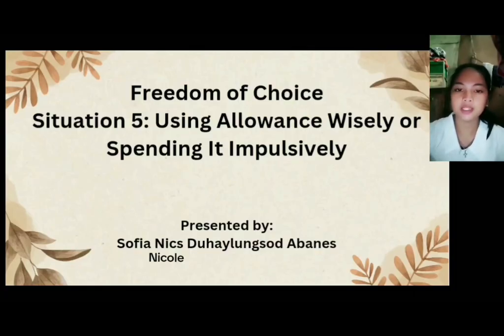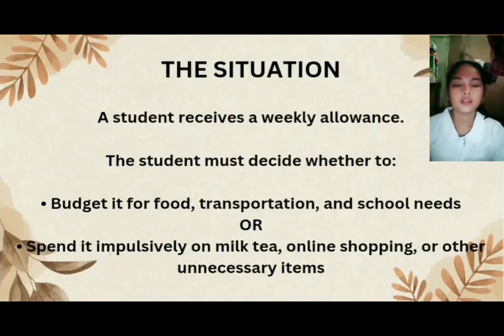Good day, everyone. Today, I will talk about freedom of choice, focusing on situation 5, which is using allowance wisely or spending it impulsively. This situation shows how our choices can affect our daily life and personal growth. In this situation, a student receives a weekly allowance, and the student has the freedom to decide how to use the money.